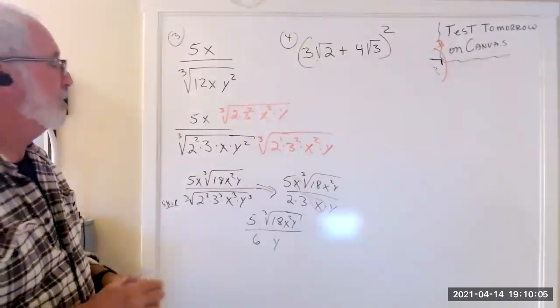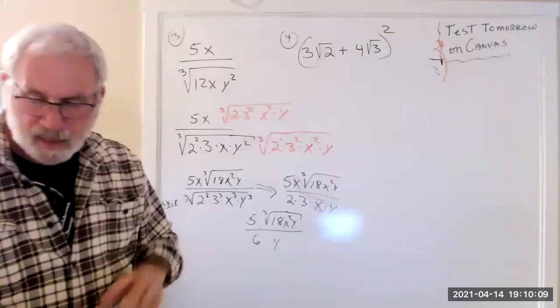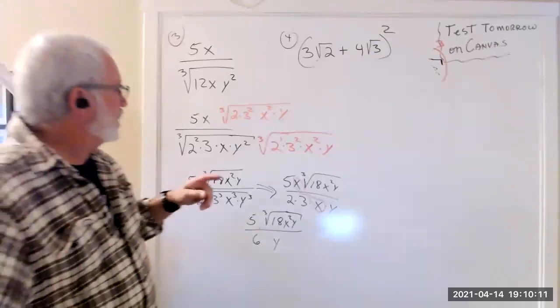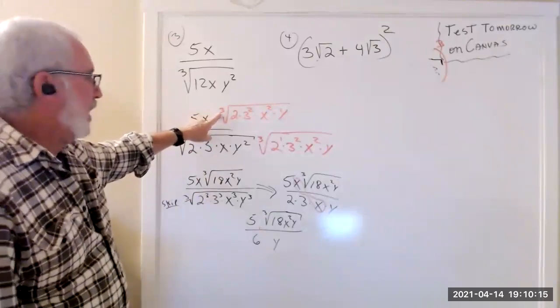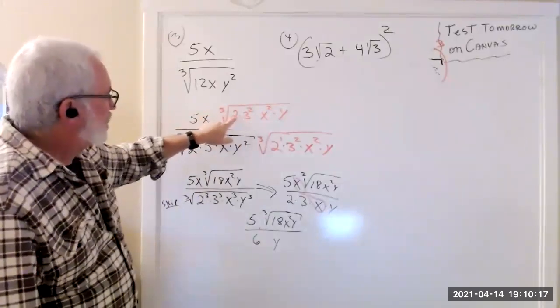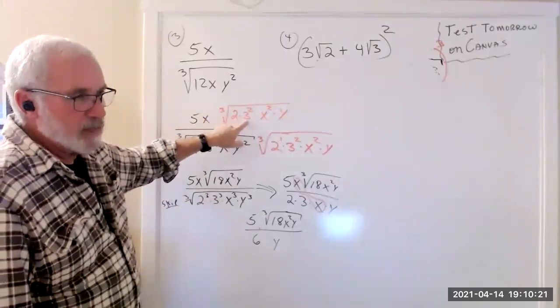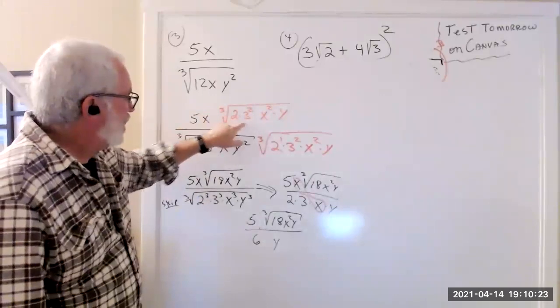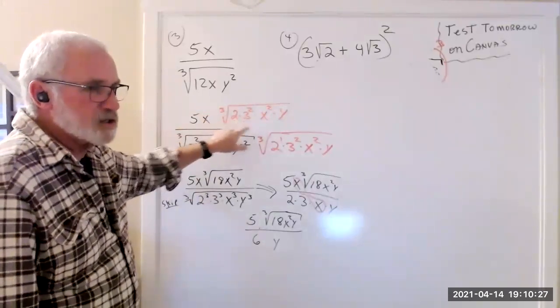Wouldn't you have to break down the 18? Remember it's a cube root. Okay. And when you look at 18, it was 2 times 3 squared. But by looking at it back here, you know that there's no cubes inside of 18.